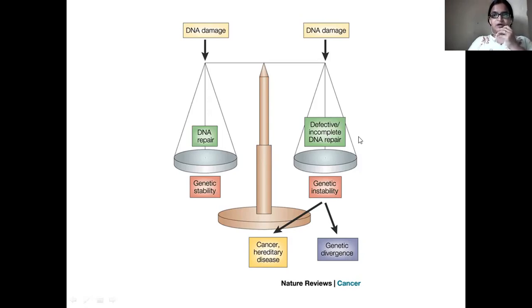So DNA repair mechanisms are very much important for the cell survival and the organism survival as well. Otherwise it will be leading to very dangerous effects on the living organism.